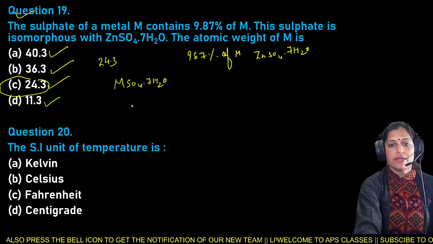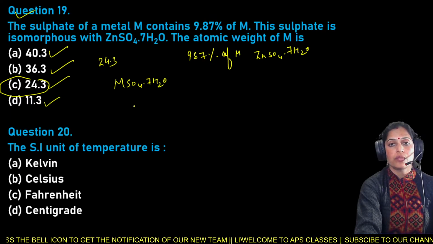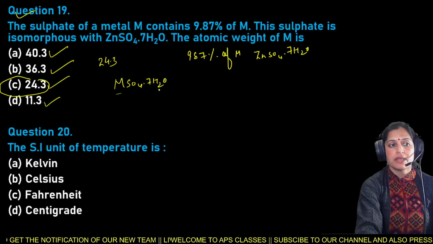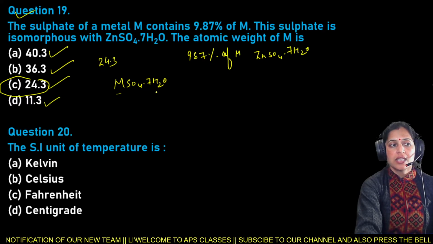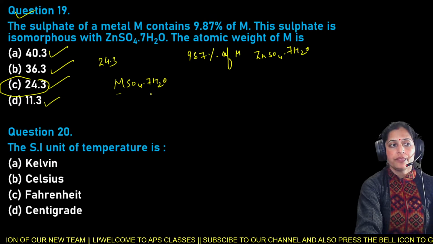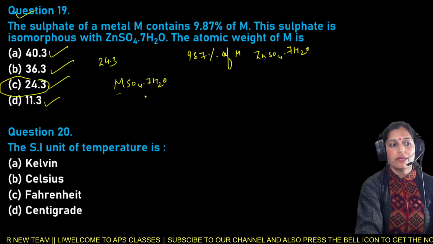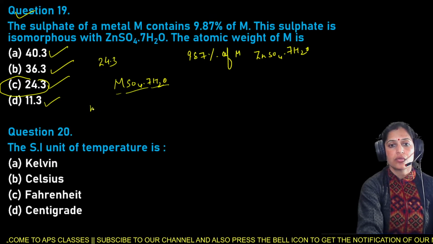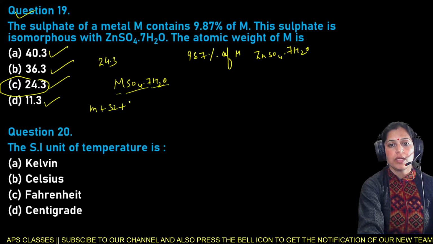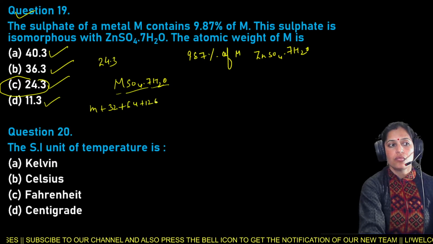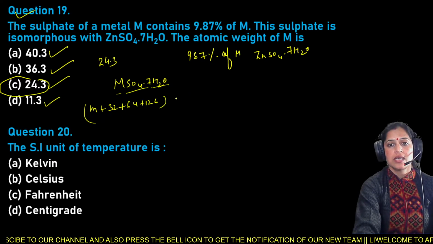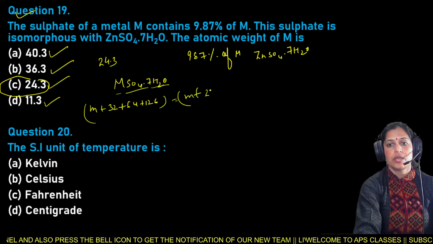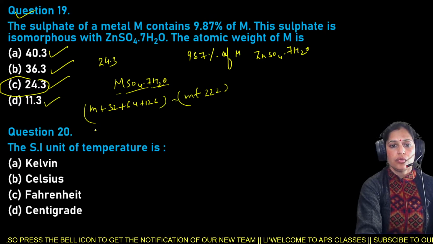The molecular weight of MSO4·7H2O is M plus 32 plus 64 plus 126, which is equal to M plus 222.